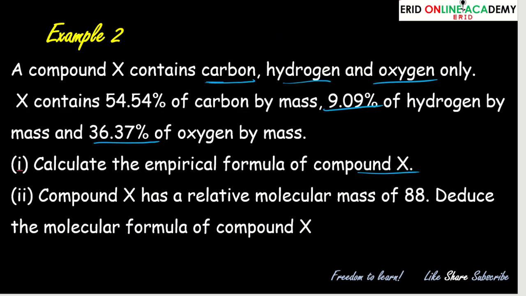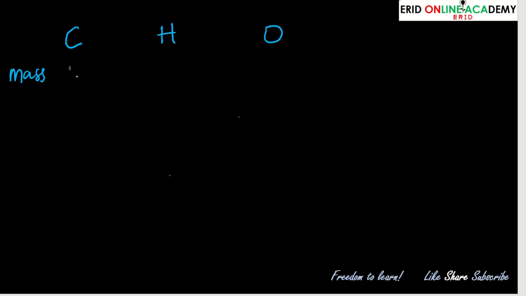I believe you remember your steps. The first step is to find the constituent elements. We have carbon, hydrogen, and oxygen. Your first step will be your mass. What are the masses that we have there? For carbon we have 54.54.